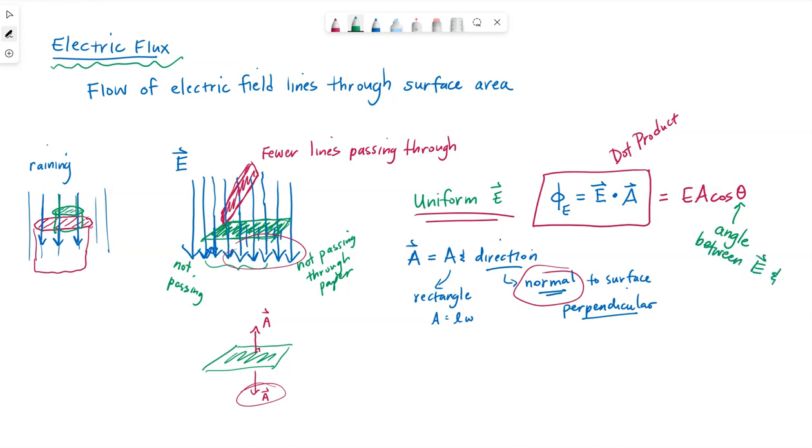So the angle between the electric field vector and the area vector. If you remember, the dot product gives us a scalar answer. It's not a vector. It does not have a direction associated with it. It's just a number. It also multiplies the parallel components of our two vectors.